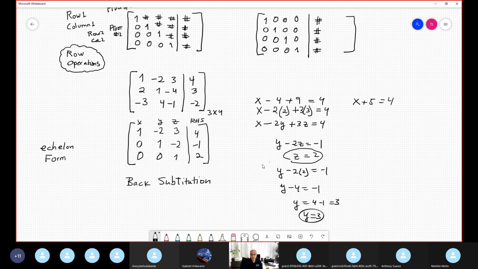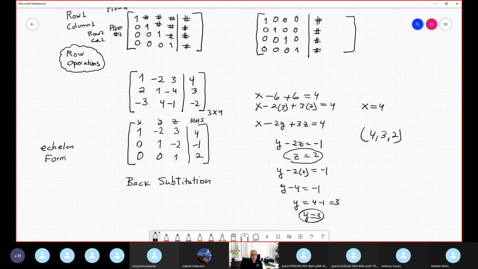I make a mistake here, guys. It's easy, but I make a mistake. Look. X is X, Y is 3, and Z is 2. So this is -6 and this is 6. They cancel out. X equals 4. And the solution is the point 4, 3, 2.